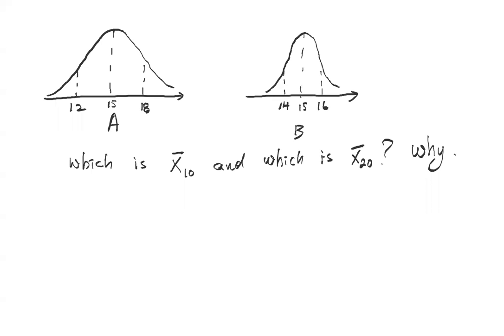So you will give a better approximation of the mean. Correct? So the spread will be smaller. So I choose B as x bar 20. You compare the number first.